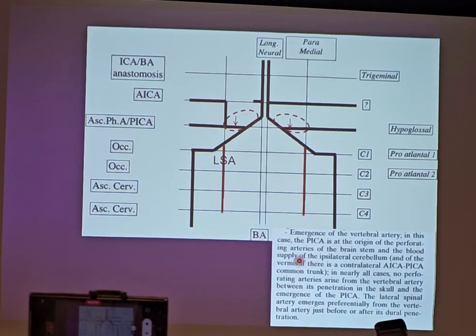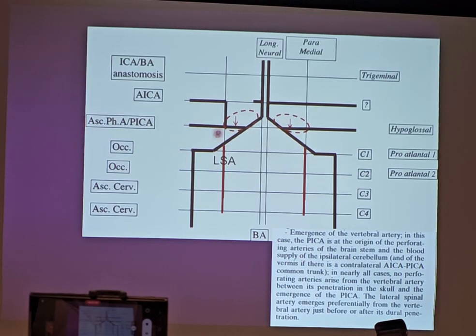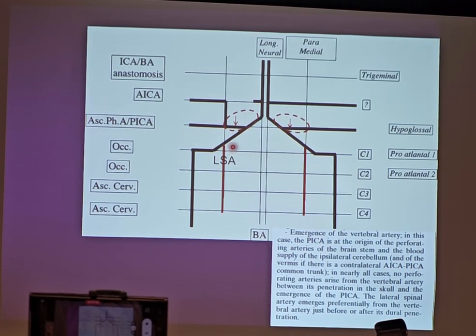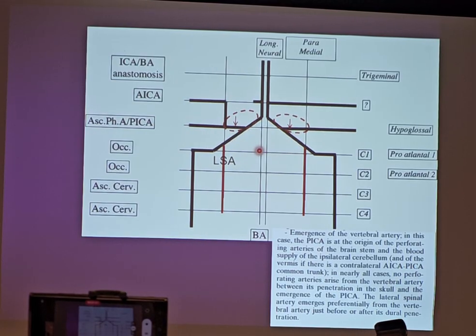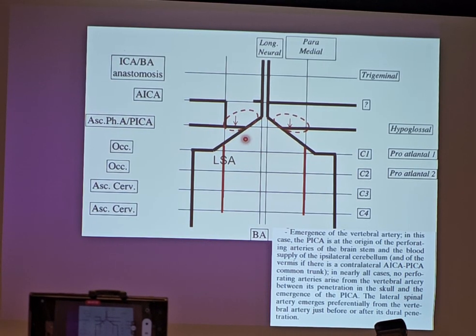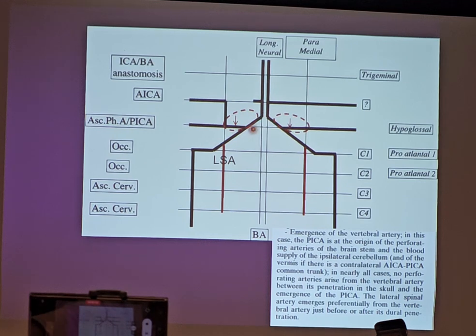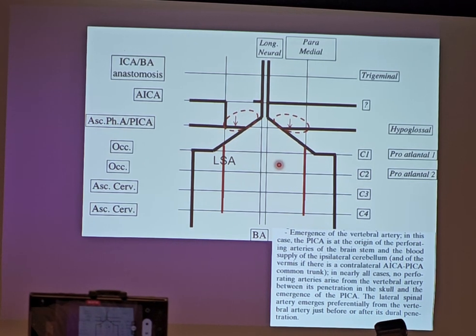I'm sure that it's going to show the real anatomy in the dissecting specimen. The lateral spinal artery will be shown later on, but just focus on the perforators. The usual one is close to the midline, and the regular PICA will for sure still be supplying the ventral perforators.